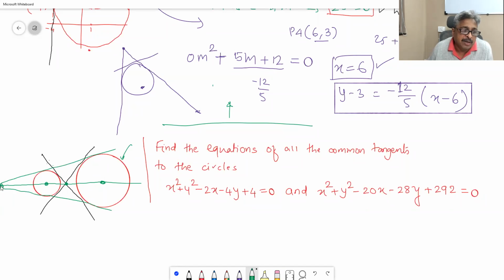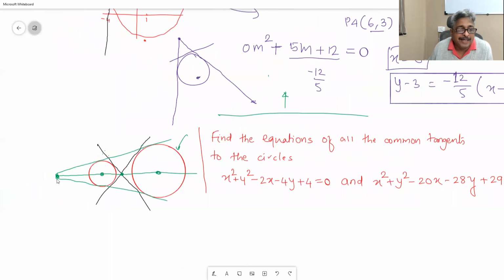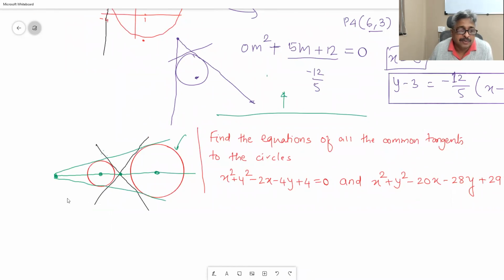And if you can find the point of intersection of the direct tangents, we get these two tangents, T1, T2. If you know this point P1 and use any one of the circle equations, you will get the tangents because they are the same.